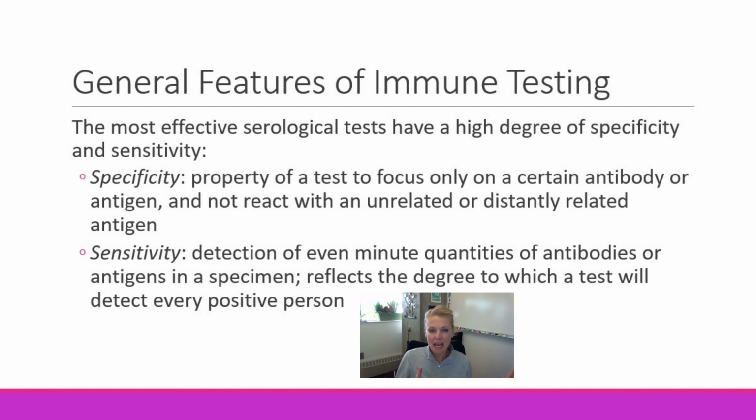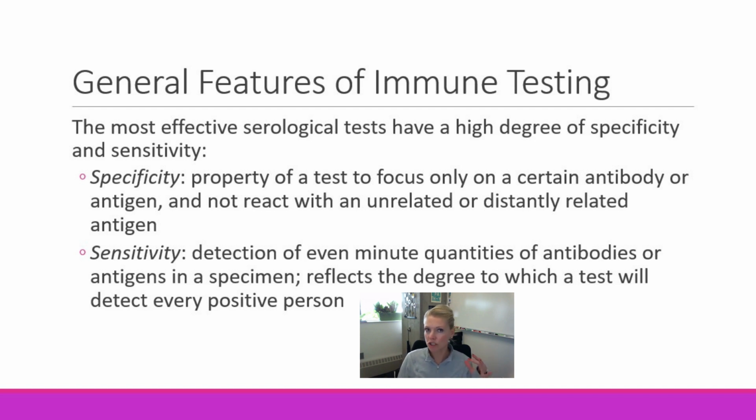So when we say a test has high specificity, that means that it is able to detect a very specific antigen or antibody, depending on which one we're looking for, and then not pick up anything that isn't that specific antigen or antibody.